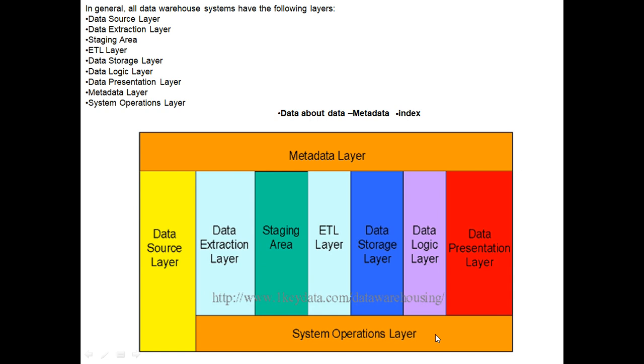Every day, depending on the kind of business, they are scheduled to kick off automatically, run the process, and then finish. All these jobs will be available here in the system operations layer. Okay.